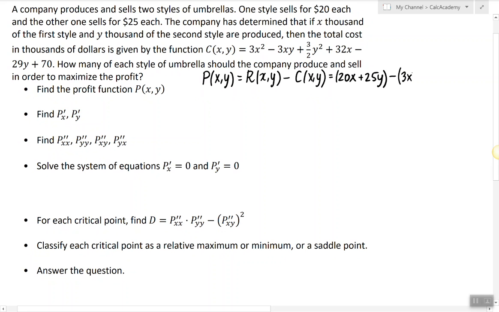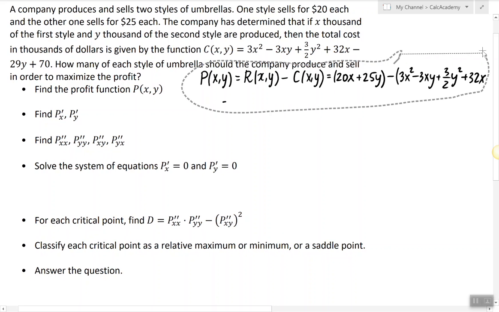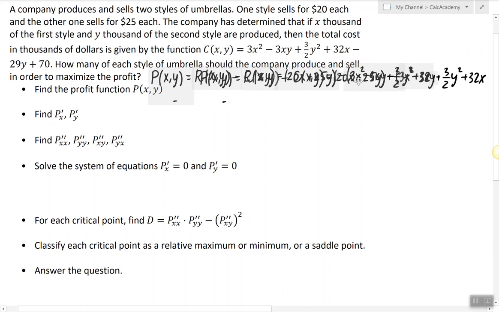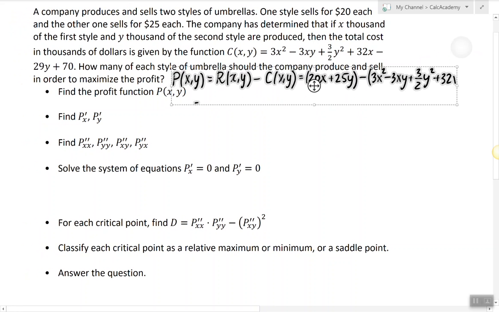So we subtract 3x squared minus 3xy plus 3 half y squared plus 32x minus 29y plus 70.